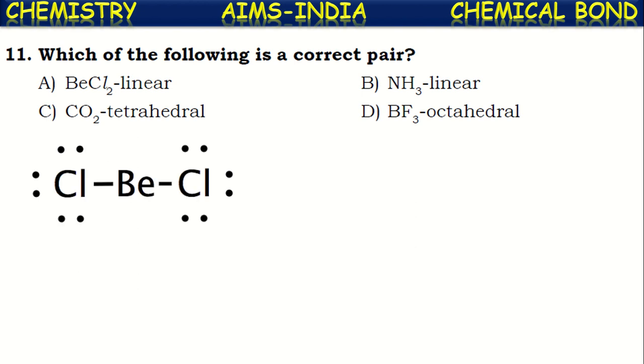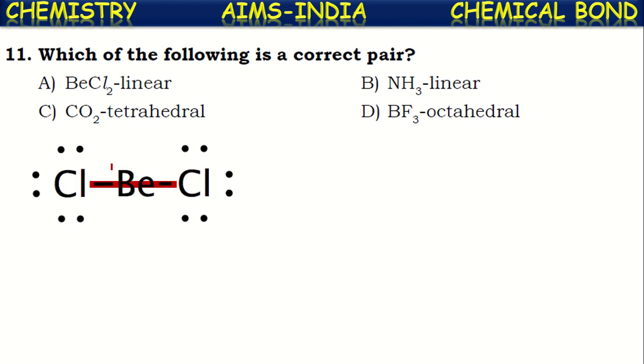It has two bond pairs of electrons without any lone pairs, and hence its shape is linear, because both bonds will try to attain maximum distance from one another, so they will be in a linear shape with a 180 degree angle.